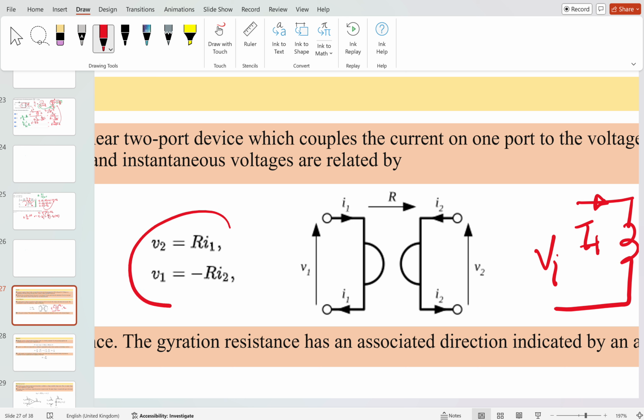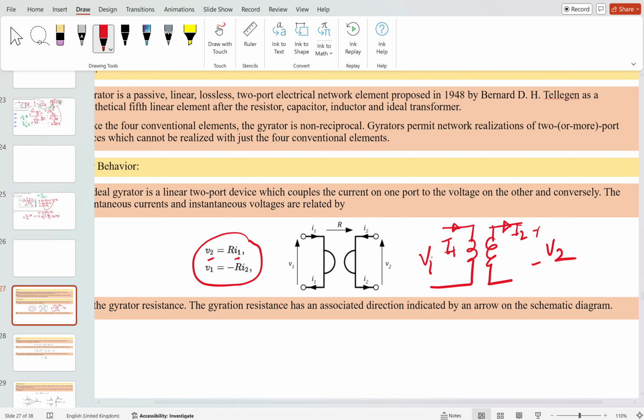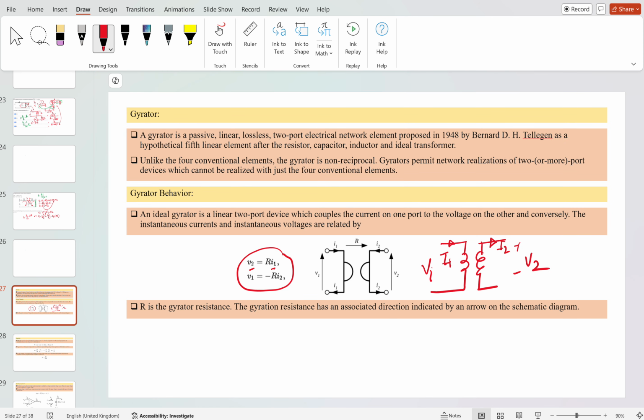These are the two important equations, known as the gyrator equations: V2 in terms of I1, meaning the output voltage in terms of the input current, and the input voltage in terms of the output current. So it is represented as V1 is equal to minus R times I2, and V2 is equal to R times I1. R is simply known as the gyrator resistance. I have given the theoretical part here.